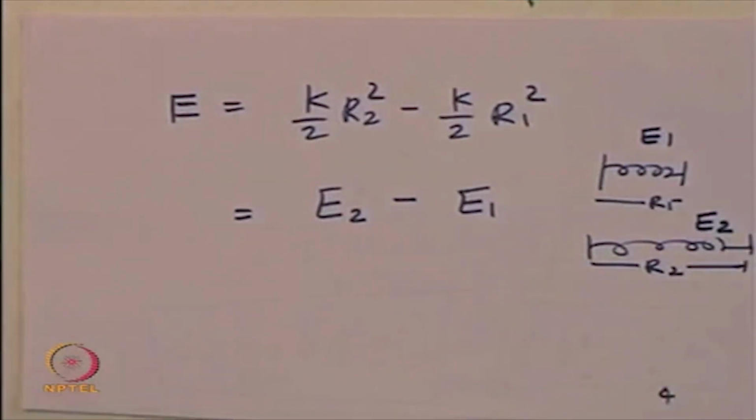Then the energy difference is basically E2 minus E1. So what you find is that the change in energy, the energy needed to pull from here to here, is the energy difference between these two, and you can get this by integrating this particular differential equation. So this is the simplest case that we learned.